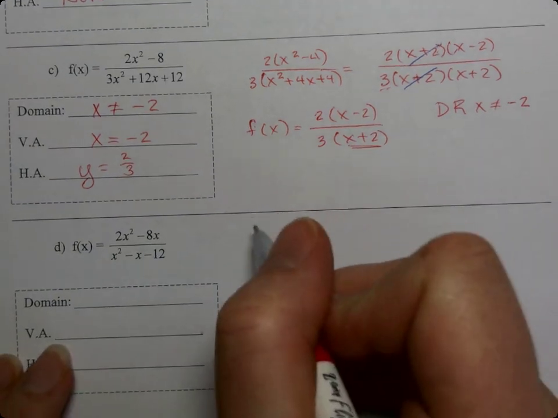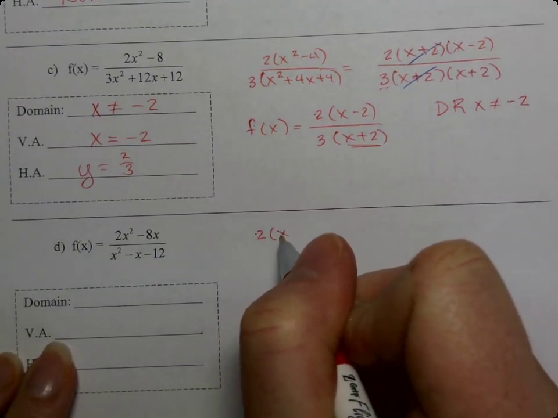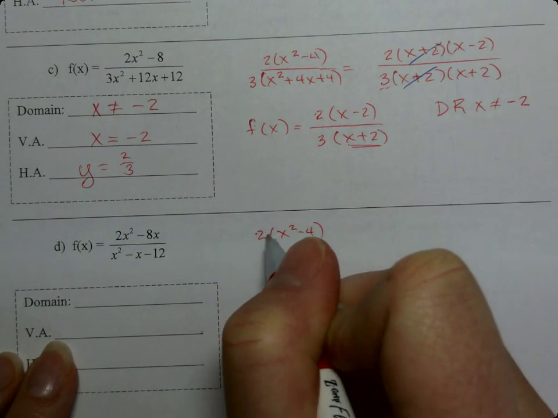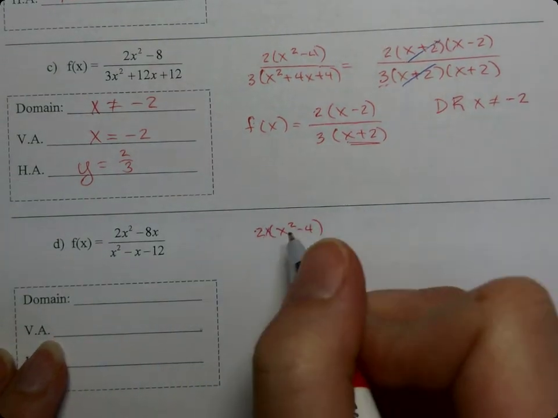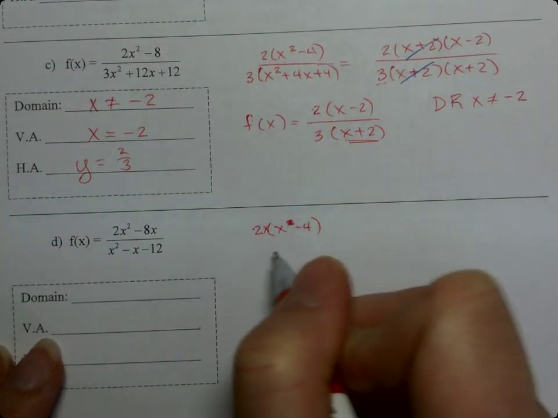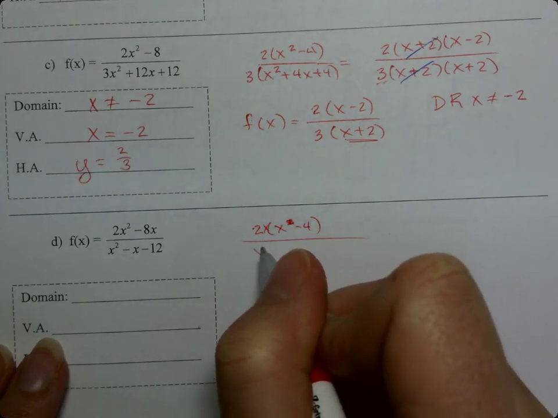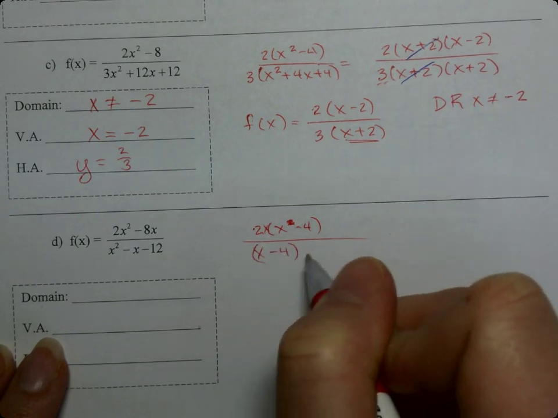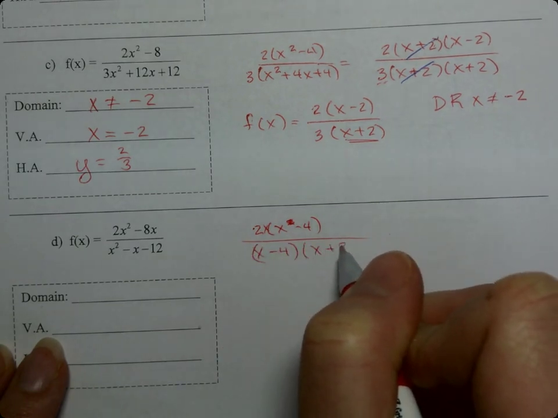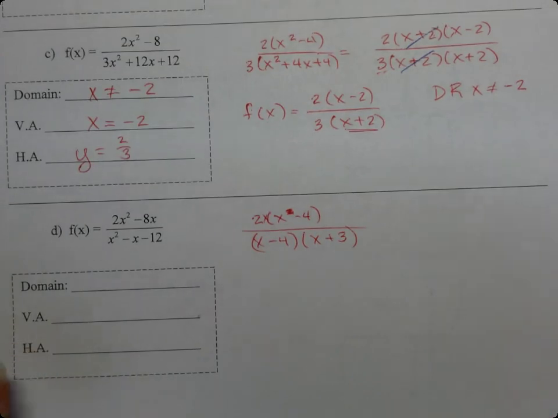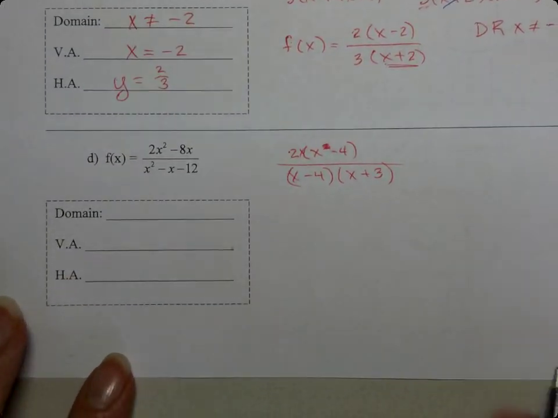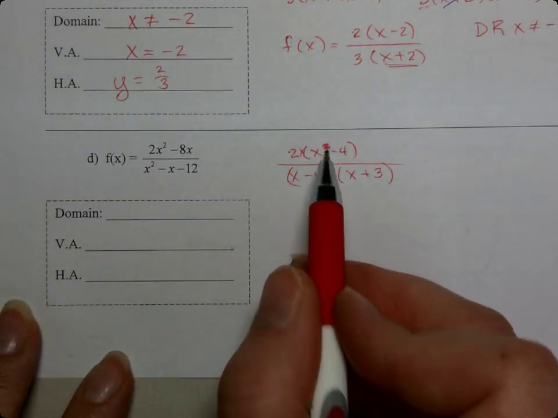All right, this numerator factors out a 2, and I'm left with x squared minus 4 and 2x, doesn't it? Okay, so is that better? It's just a 2x out front, and down here is going to be x minus 4, x plus 3. Okay, I think I saved myself there. So I took out a 2x, that should not be there.